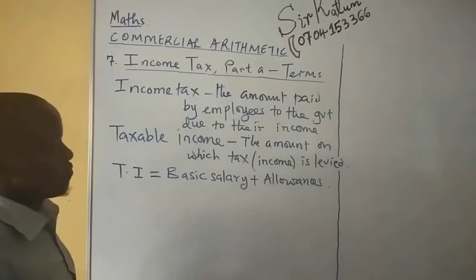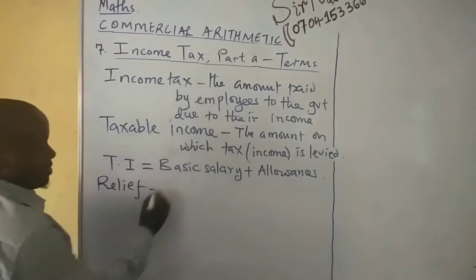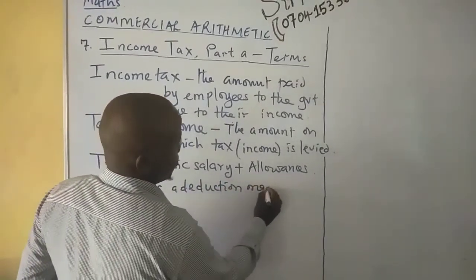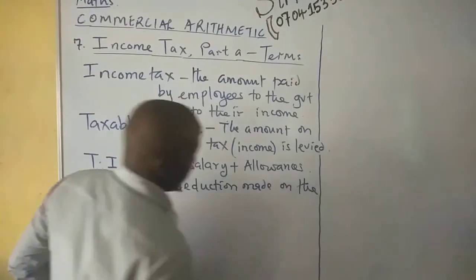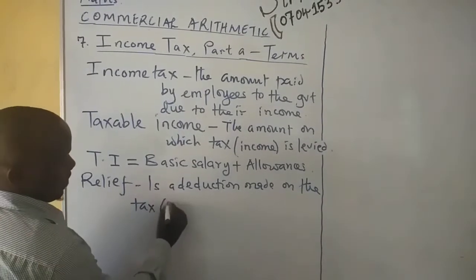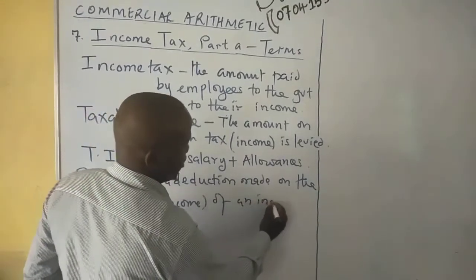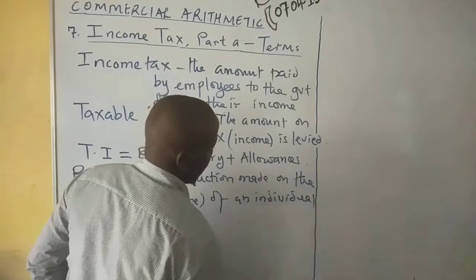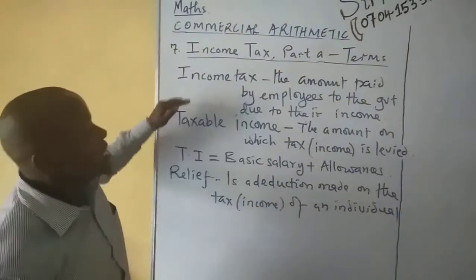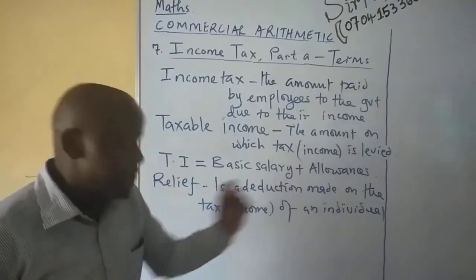And that is the amount from which tax is levied. The other term, I will call it relief. Relief is a deduction made on the income tax of an individual. You may find that after calculating the income tax due to a taxable income, we arrive at a certain figure.